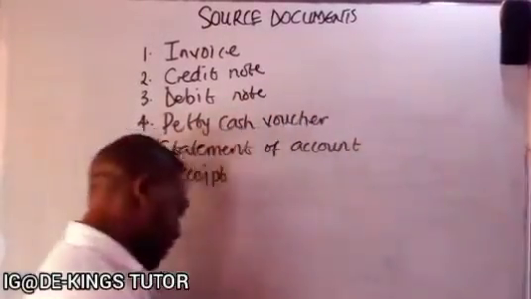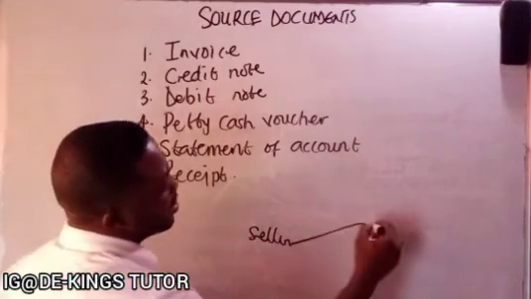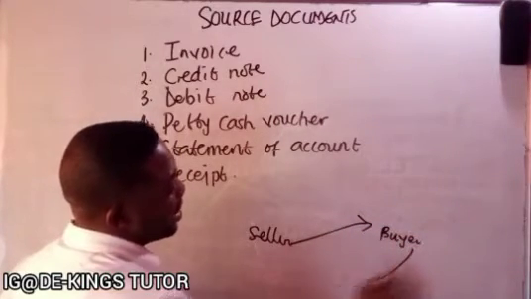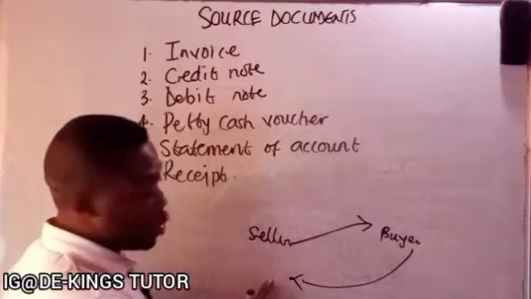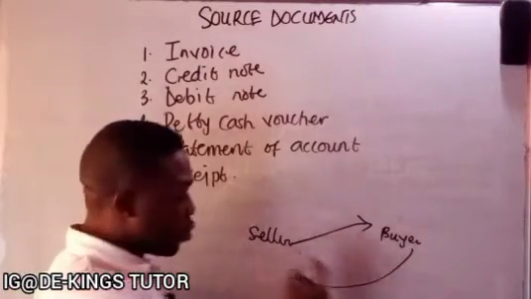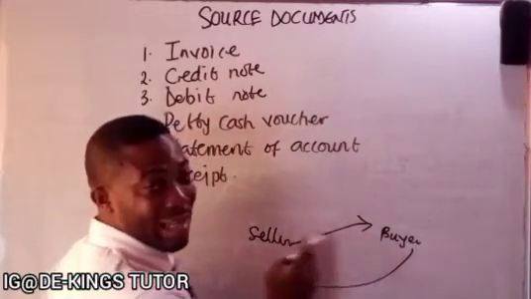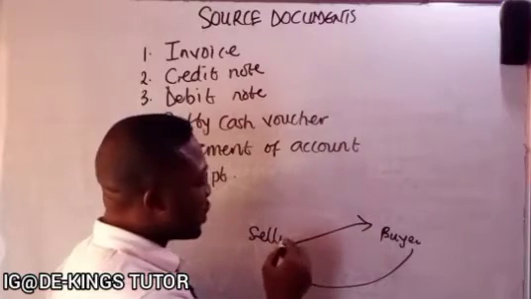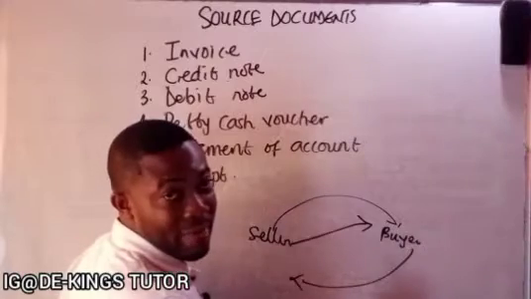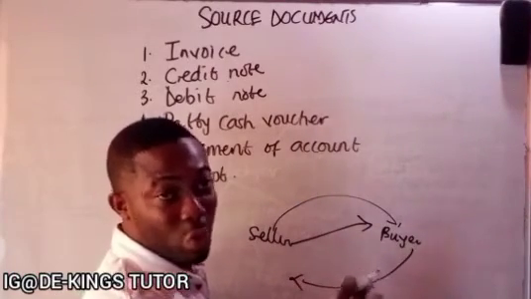For instance, if a buyer sends back goods to the seller because the goods are not good, it is the right of the buyer to get a refund. So most times the seller will send a credit note to the buyer indicating that there has been a reduction in the amount that was previously owed.